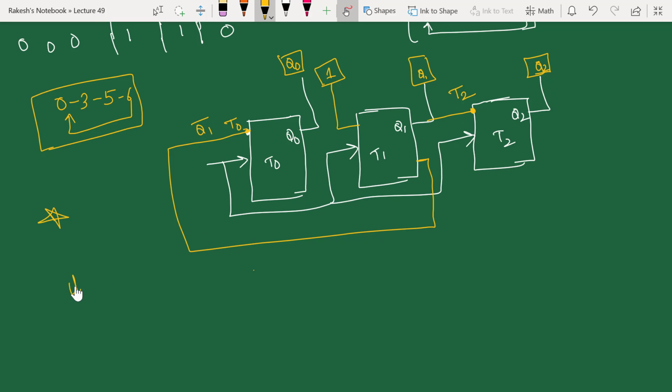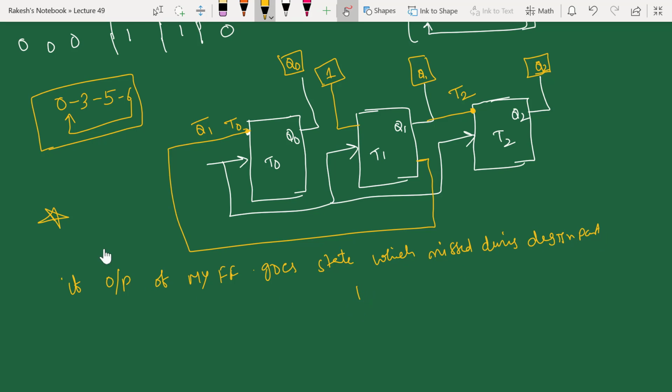Suppose the output of my flip-flop goes to a state which we missed during the design part. See, we clearly missed 1, then 2, then 4 and 7.